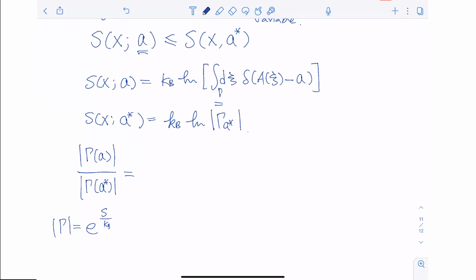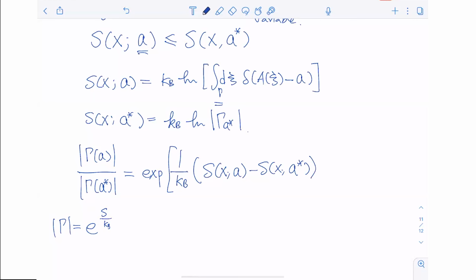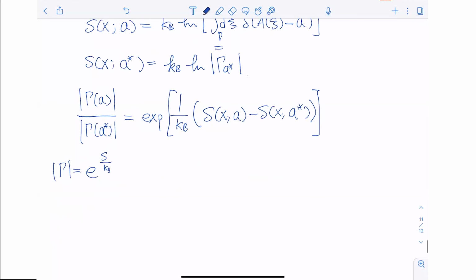So the ratio between these two phase space volumes actually can be expressed as follows.